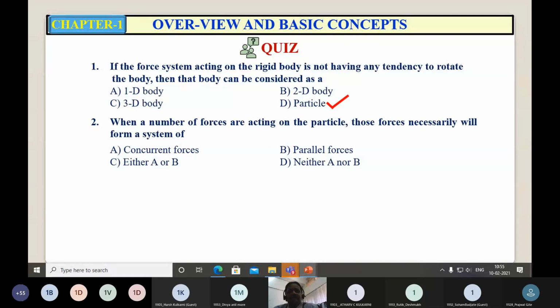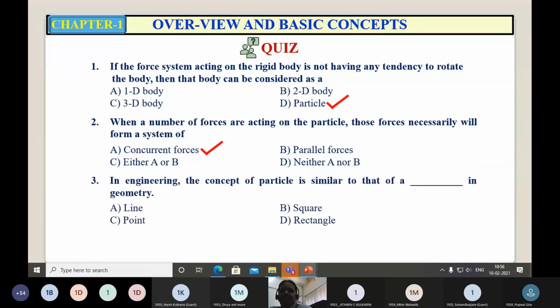In engineering, the concept of particle is similar to that of a point in geometry.